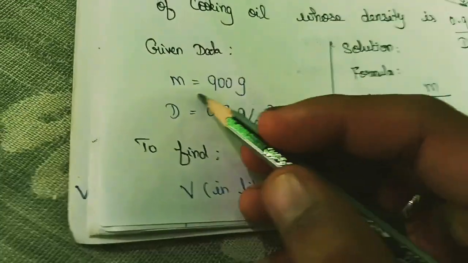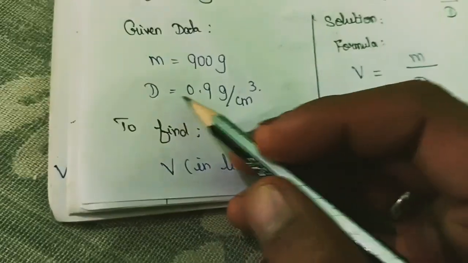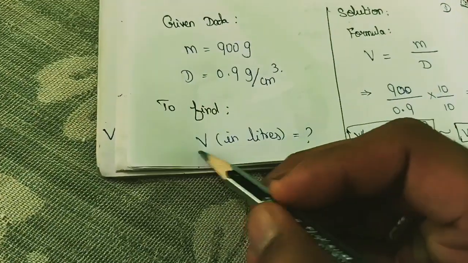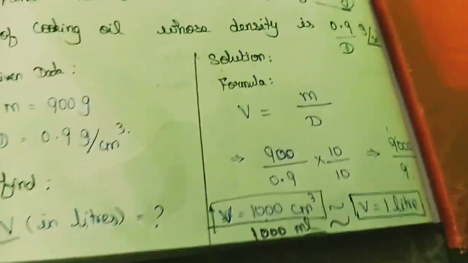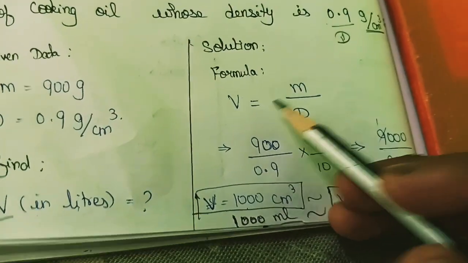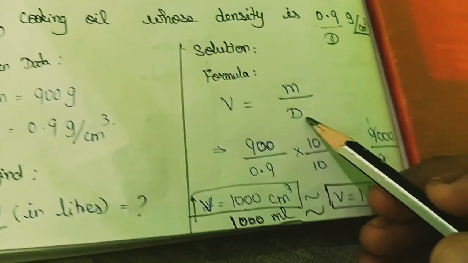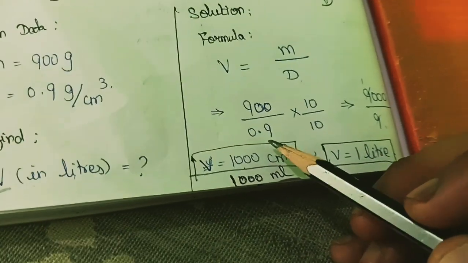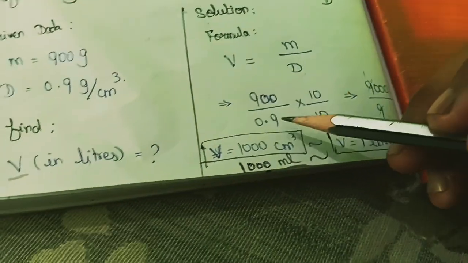Given data: mass is equal to 900 gram, density is equal to 0.9 gram by centimeter cube. So we have to find the volume in liter. Now we are going to use the volume formula. Volume is equal to mass by density. So what is mass? 900 divided by density, 0.9.